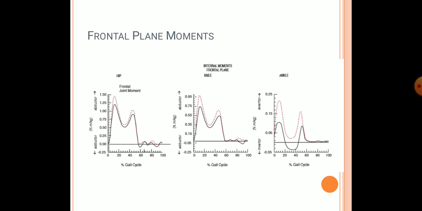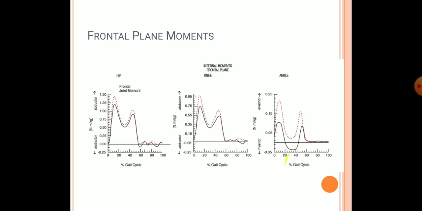But in the ankle joint, there are some changes. In the ankle joint, both inverter and everter moments are occurring. That means in the beginning of gait there is an inverter moment and it will get its peak by 20%. Then it comes back to an everter moment by 40%.